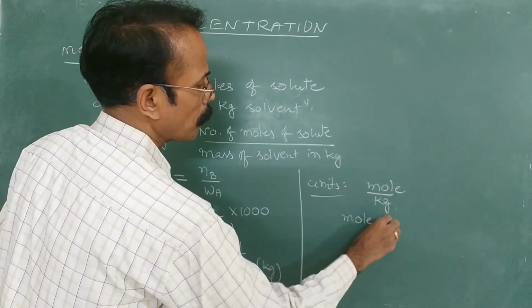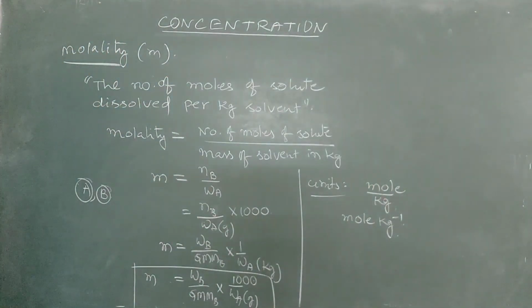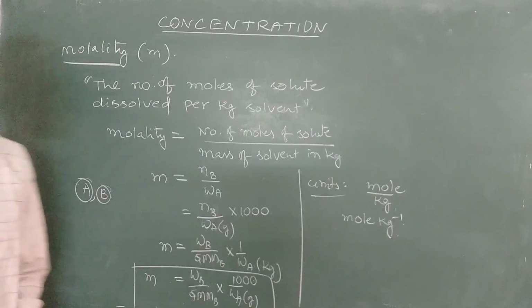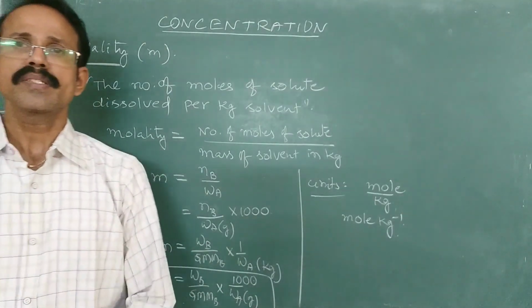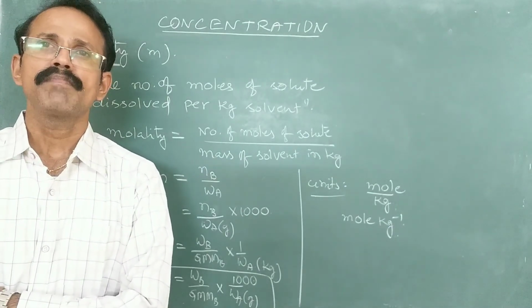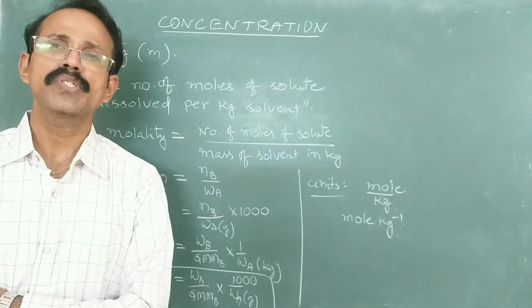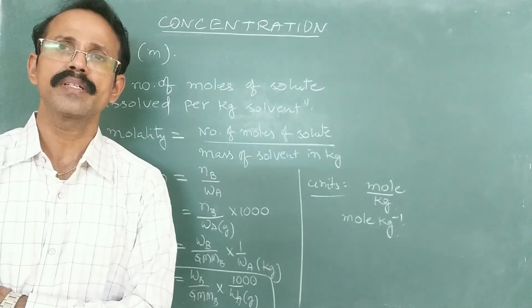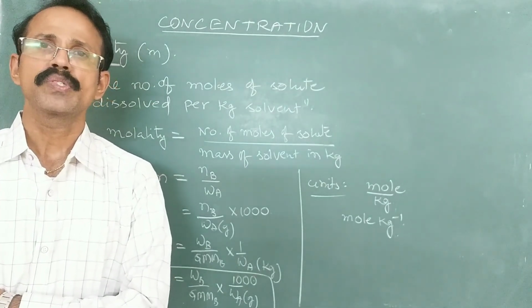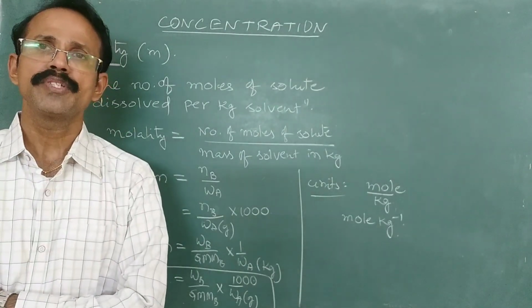So this is the unit of molality. And one more thing, molality is not affected by the change in temperature, okay, because the mass of solvent is not going to be changed by change in temperature. So that is why molality is not affected by change in temperature.